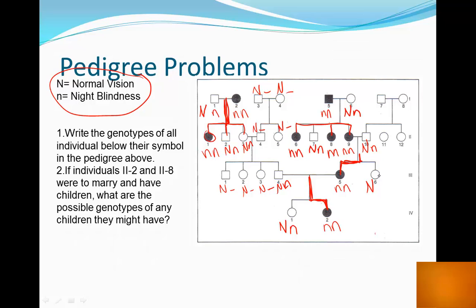This child here is unaffected. They must have gotten the capital N from dad, which means their other allele is a little n from mom, or recessive. We know these are also capital N. But without more information, it is hard to know for sure what the other alleles are.